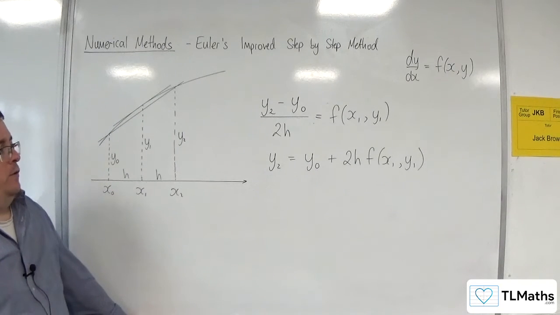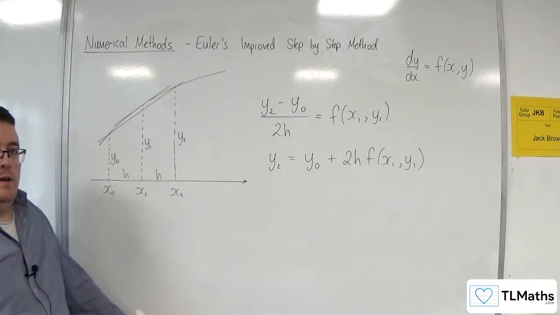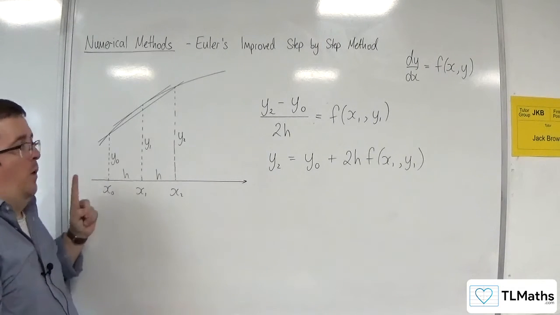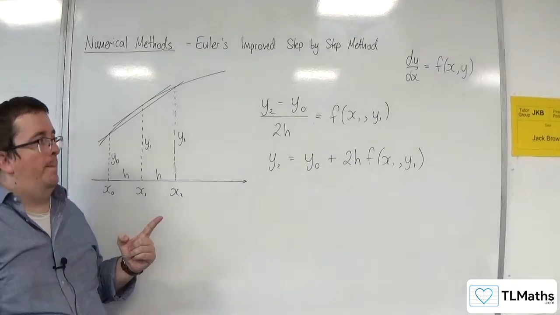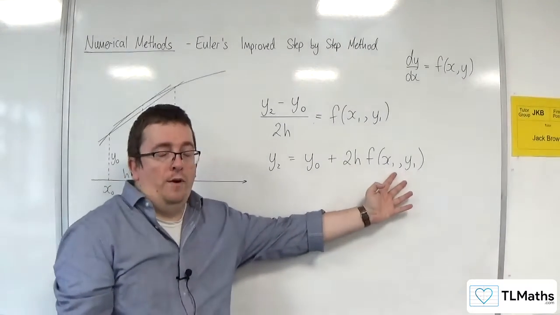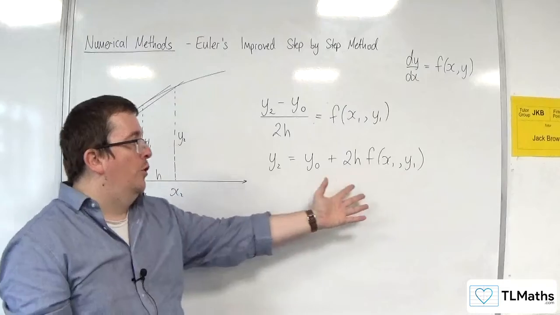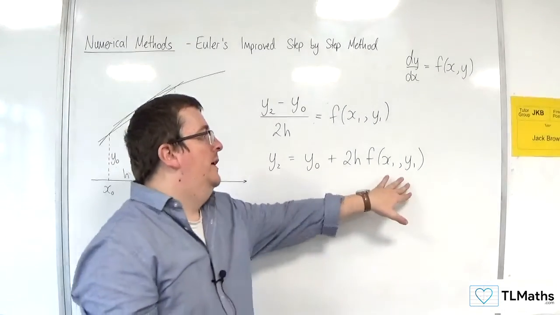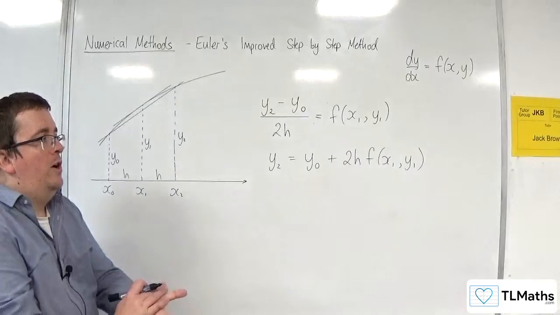Okay? Now, essentially, this requires another point, right? So I'm going to know x0, y0. I'm going to have that boundary condition. But the problem is that I need to know what x1, y1 is, in order to actually work out what y2 is. So I need that point as well. How am I going to work out x1, y1?